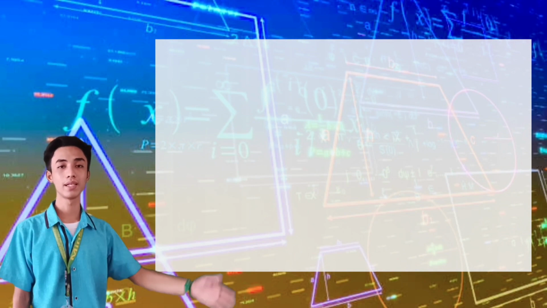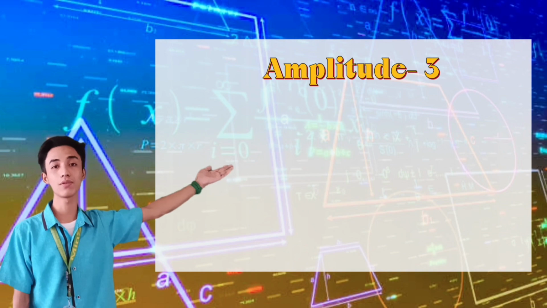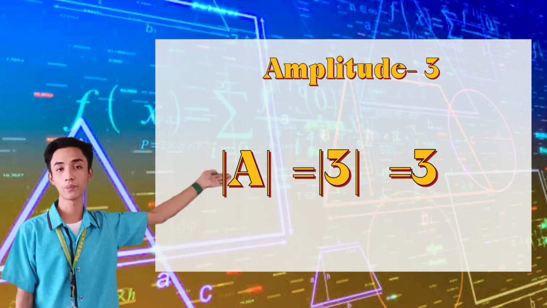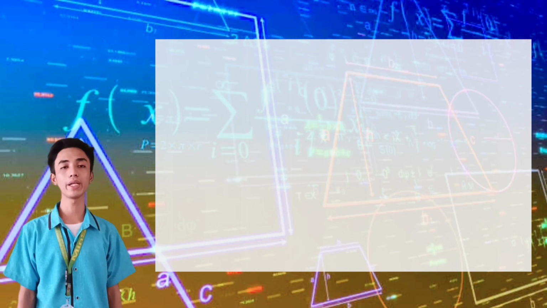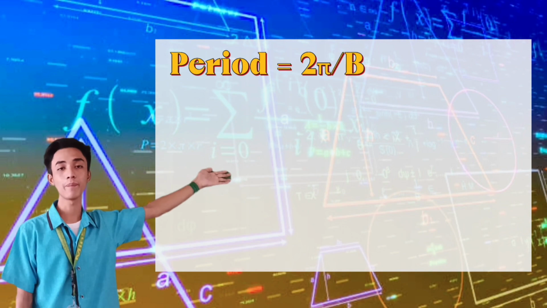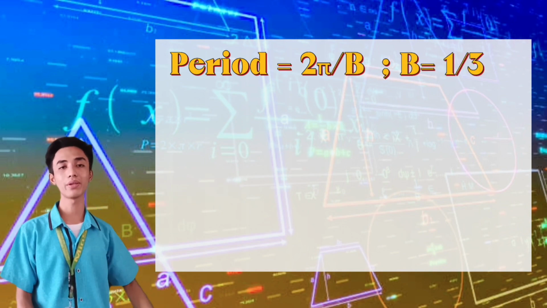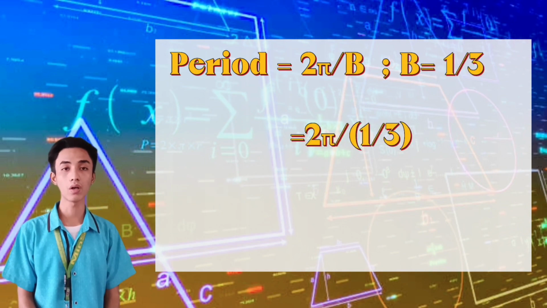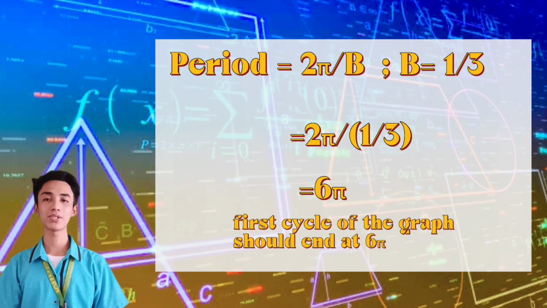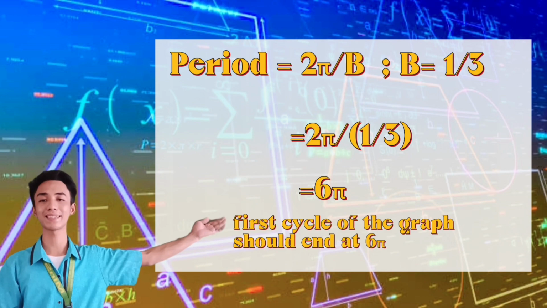The amplitude is 3. That is because the absolute value of a is equal to the absolute value of 3, and that is equal to 3. Now, our period, since the period P is equal to 2 pi over b, and b is equal to 1/3, therefore 2 pi over 1/3 is equal to 6 pi. This means that our graph should end at 6 pi along the x-axis.